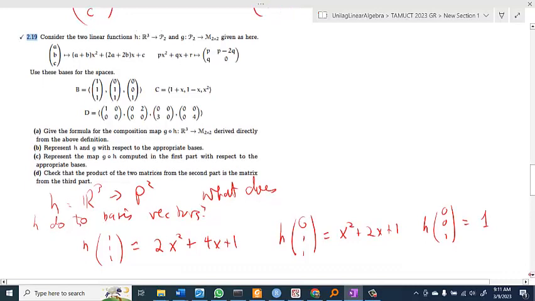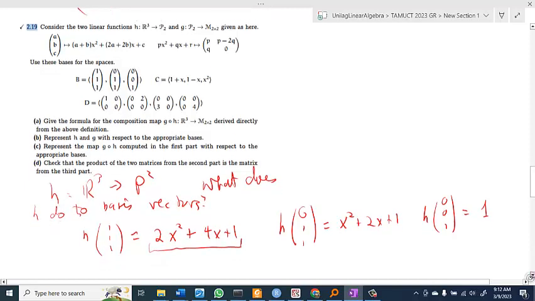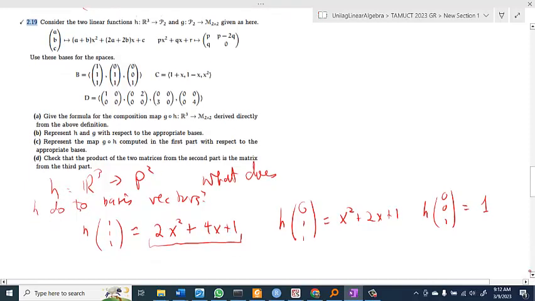Okay, now let's represent these in terms of the image basis. Let's see. 2x squared plus 4x plus 1. Let's call these W1, W2, W3.